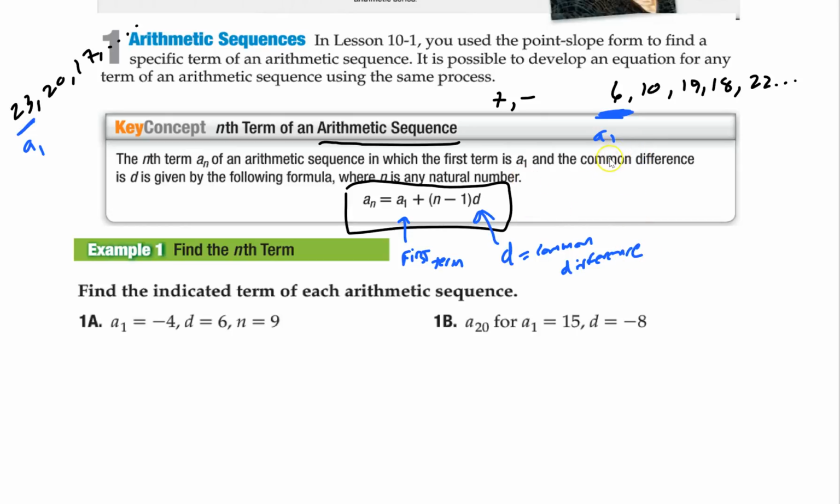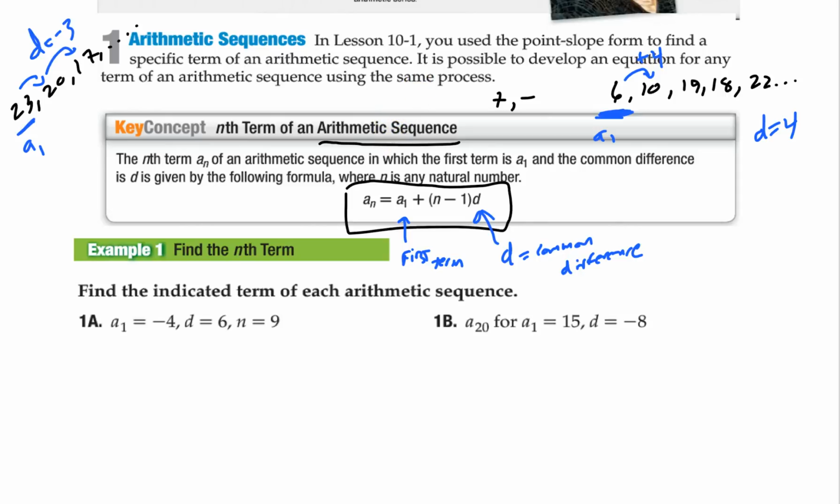It's what you add every single time. So 6 to 10, 10 to 14, we're adding 4 every single time. This makes our common difference 4. Over here, you're subtracting 3 every single time. Minus 3, minus 3. My common difference over here would be negative 3. So it could be positive or negative.